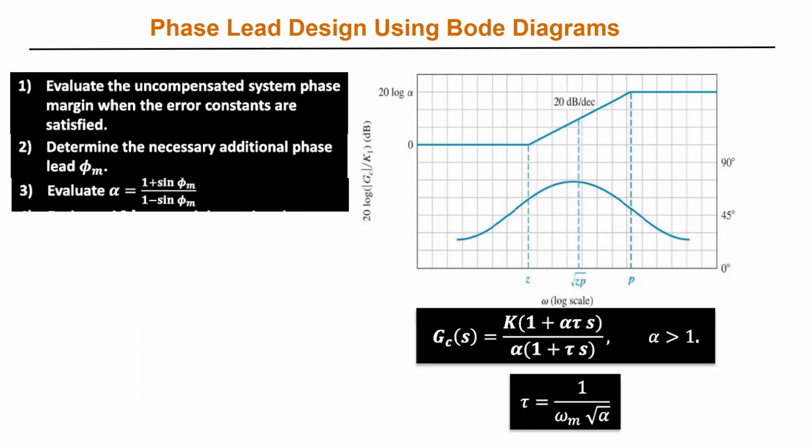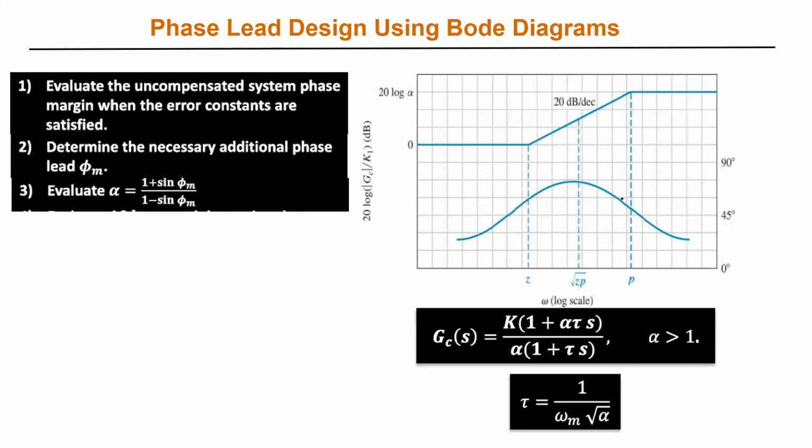So I can evaluate alpha from how much phase I am going to add to the system. So alpha is done. Now I need tau. How do I find tau? Tau will depend on where I position my compensator.